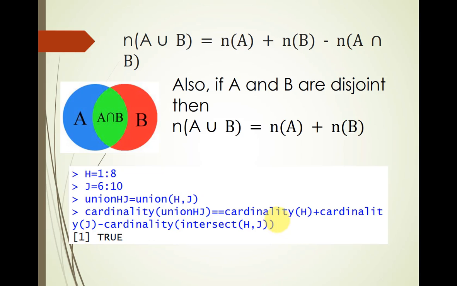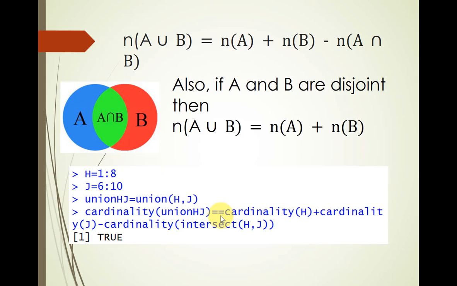Cardinality just means the number of elements. So the cardinality of the union of HJ should satisfy this equation up here. This n just means cardinality. So the cardinality of A union B, that's this H union J, should be the cardinality of A plus the cardinality of B minus the cardinality of the intersection. So how do we write that? This is equals.